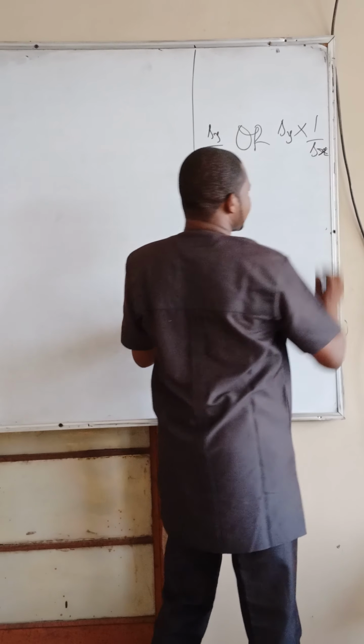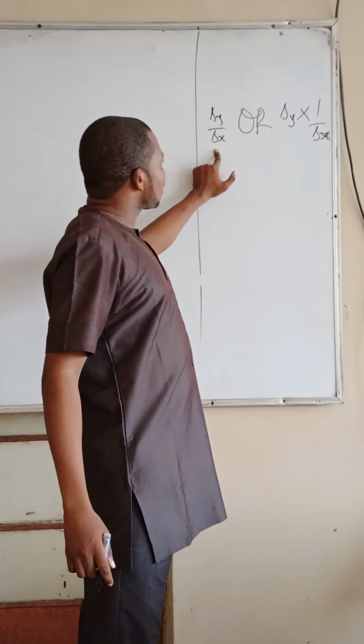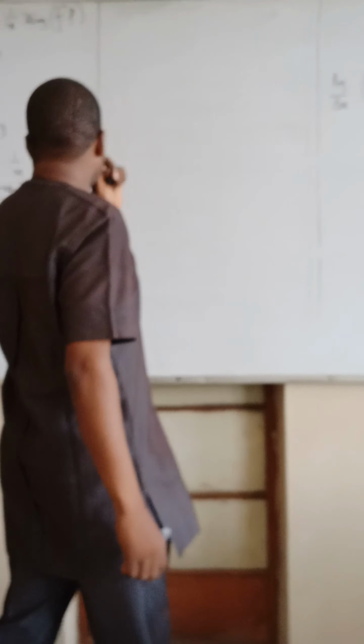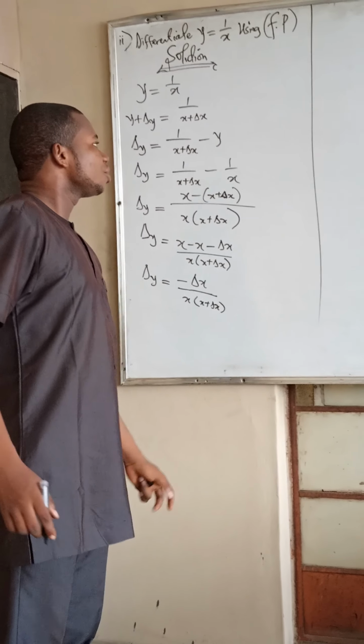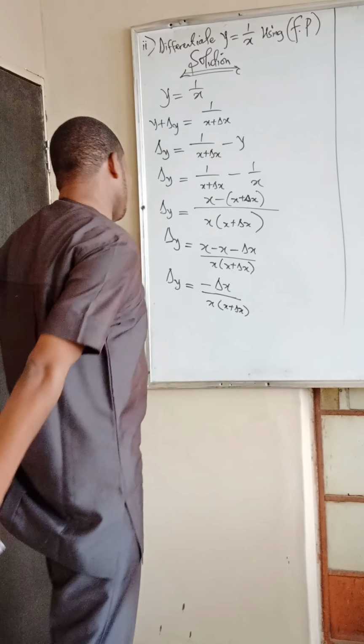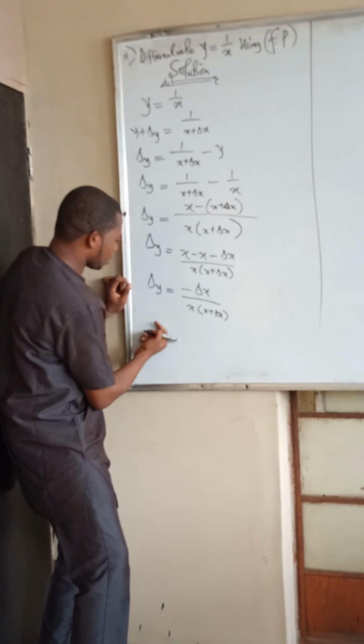Yes, we are speaking the same language. Change in y over change in x is the same thing as change in y times 1 over change in x. So that is the concept I will use here for easier division.